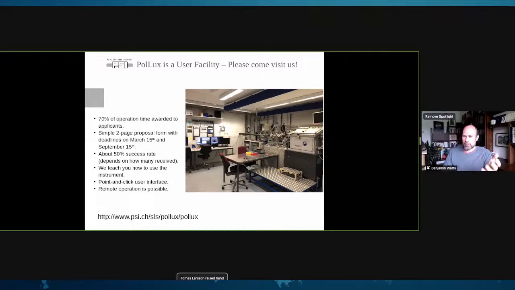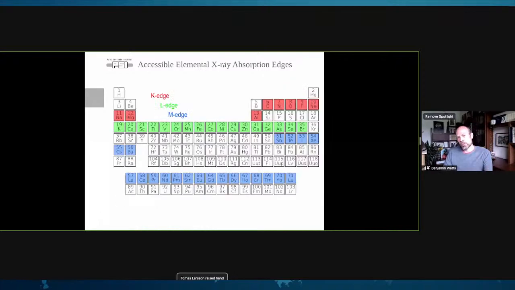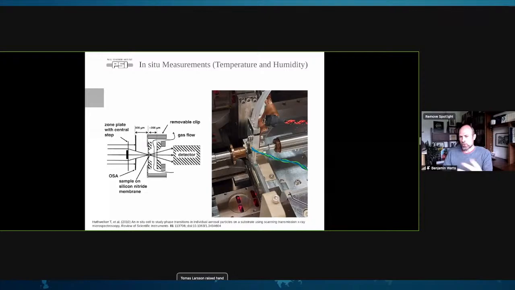So aside from the basic things, we can also access lots of other elements. And so if you want to know, say, the oxidation state of one of these elements that's present in your sample, then if it fits within our energy range, we can do some measurements there. We can also do more fancy things. So we have this in situ cell where we can expose a sample to gas of varying, say, humidity and temperature.